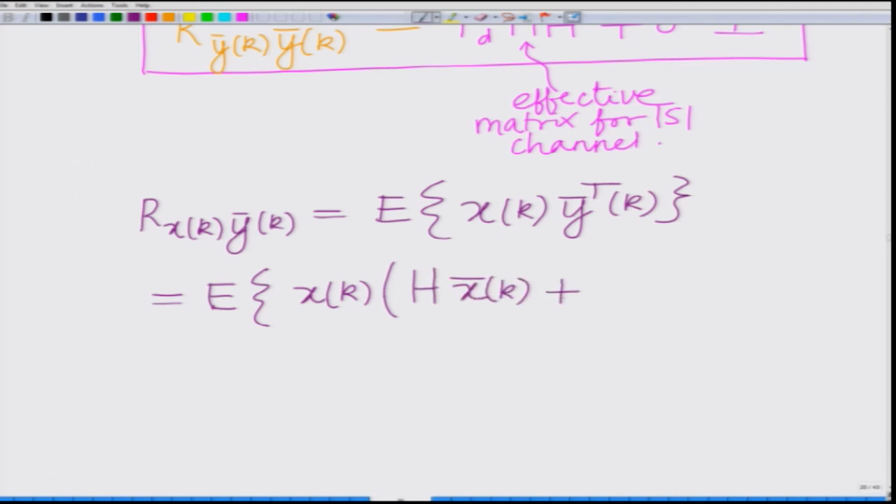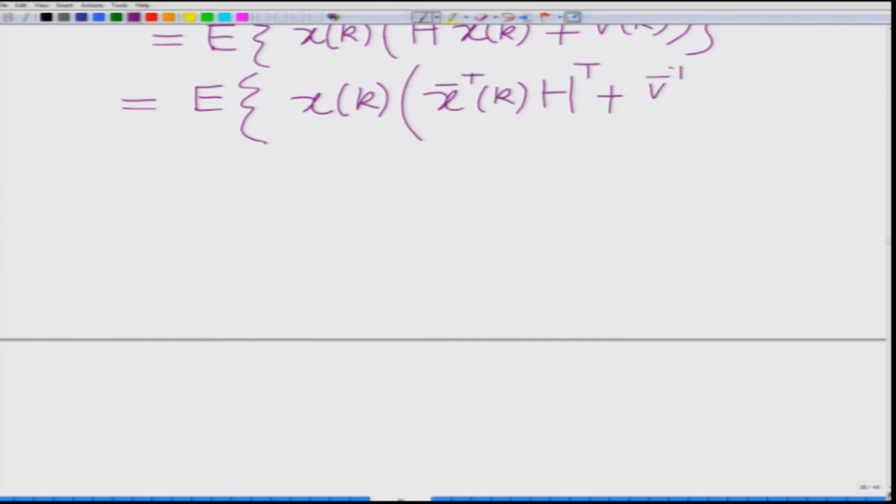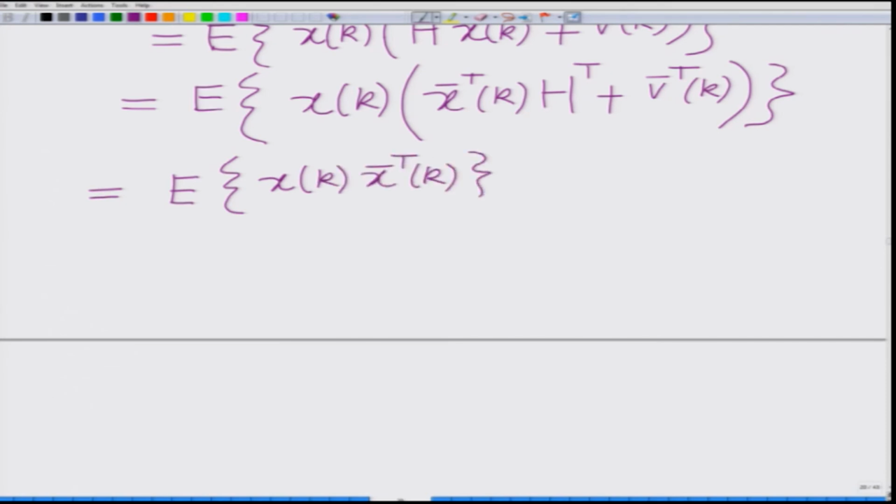This is different, this is x bar k plus v bar of k, and this is now equal to expected value of x k times x bar transpose k H transpose plus v bar transpose k, which is equal to expected value of x k x bar transpose k into H transpose plus expected value of x k v bar transpose k.